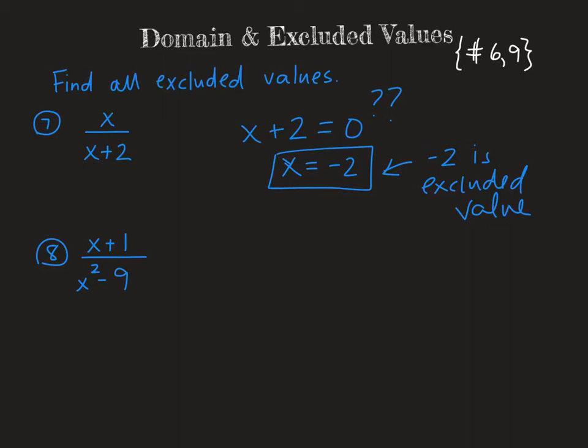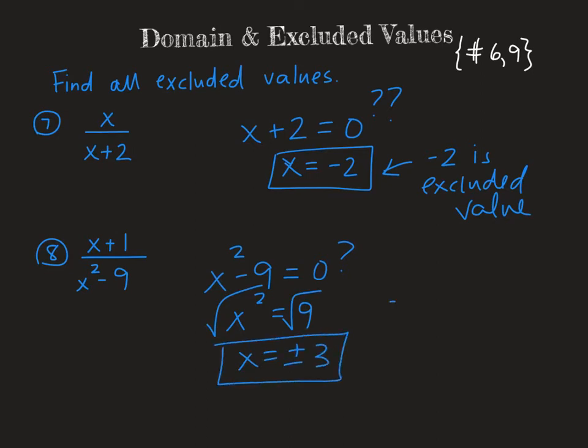All right, let's take a look at number 8. The denominator is a quadratic, so we know that there's potentially going to be two answers that make that 0. So we want to think x squared minus 9 equals 0. What makes that 0? Well, we can solve by factoring, or we can just straight up solve it by taking the square root. When we take the square root, we'll get plus or minus 3.